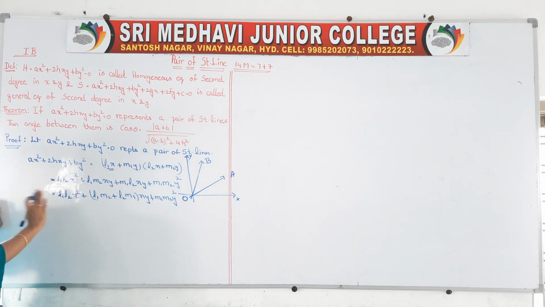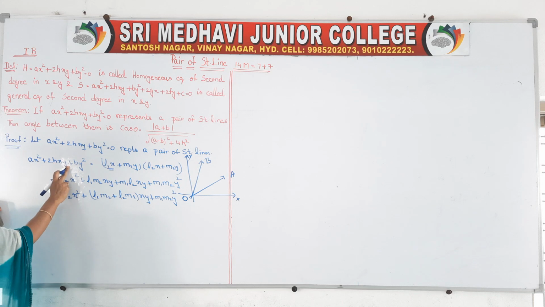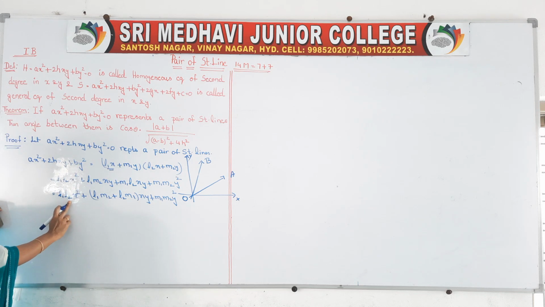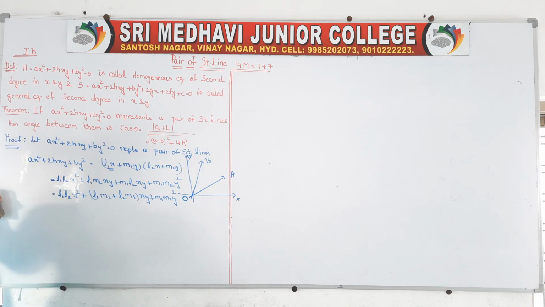So comparing the coefficients of like terms on both sides, ax square plus 2hxy plus by square, and here you have L1 L2 x square plus (L1 M2 plus L2 M1) xy plus M1 M2 y square. What happens?